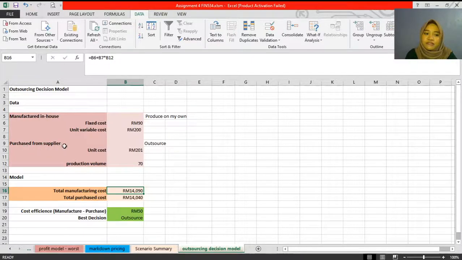If I purchase from the other supplier, my unit cost will be RM201. I multiply with my production volume of 70 units, and I will get RM14,040.